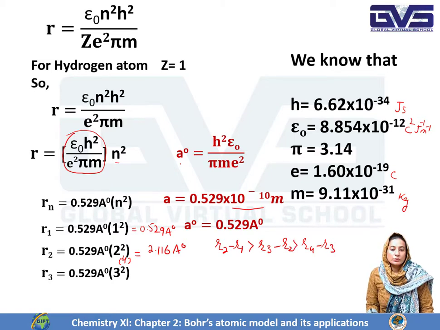Calculate the radius for 2 and 1, 3 and 2, 4 and 3, and then compare whether the distance gap is increasing or decreasing. This question can be asked in the exam as a short response question, and overall the calculation of radius can be asked as a long response question.